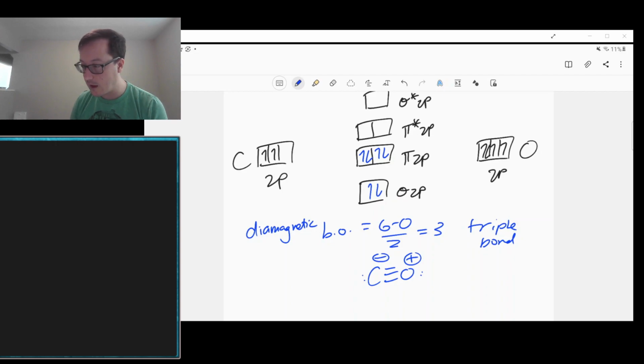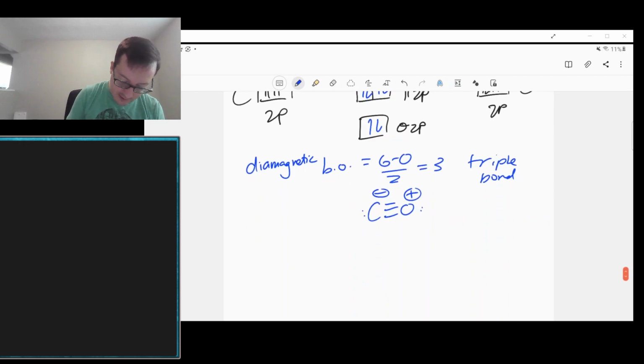So we can use these to help us predict when things are going to be stable, when things are going to form, if things will not form. For example, if we have neon, let's just do neon, regular.